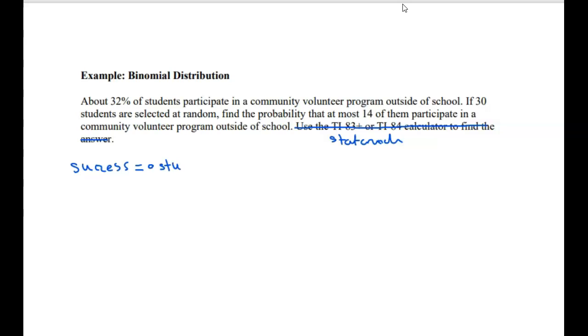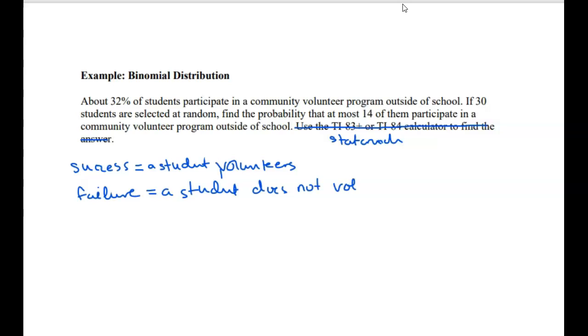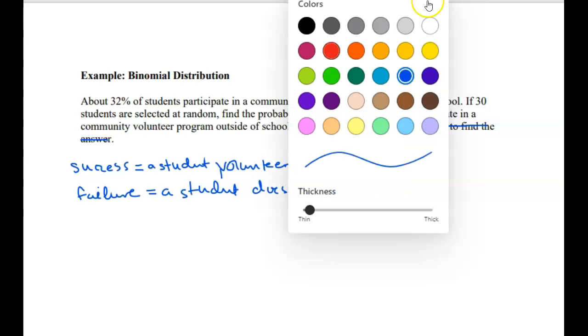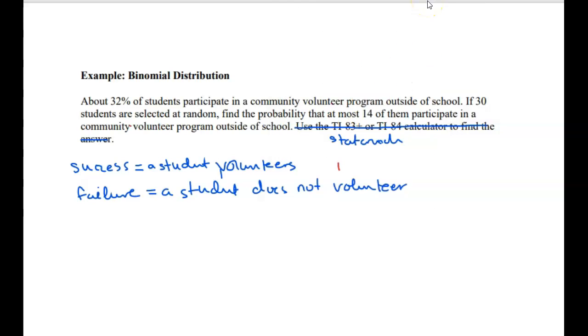So a student volunteers. And failure is that a student does not volunteer. The probability of success is 0.32, and that comes from the 32%.